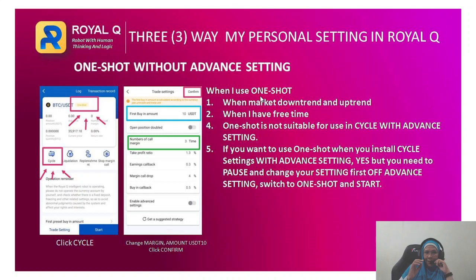So now, when do I use one shot? I use one shot when the market is in downtrend or uptrend, but I always use it when it is downtrend, especially when my time is free. When I have free time, I will use the one shot when the market is down.